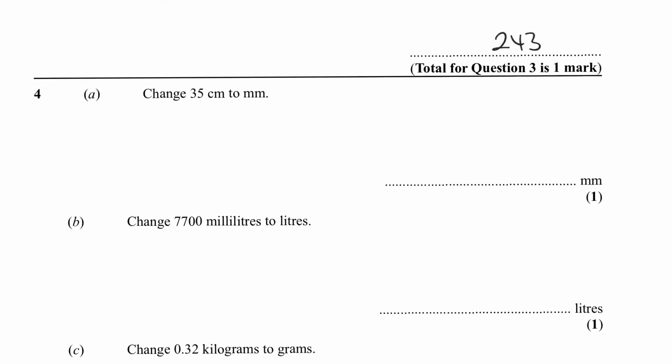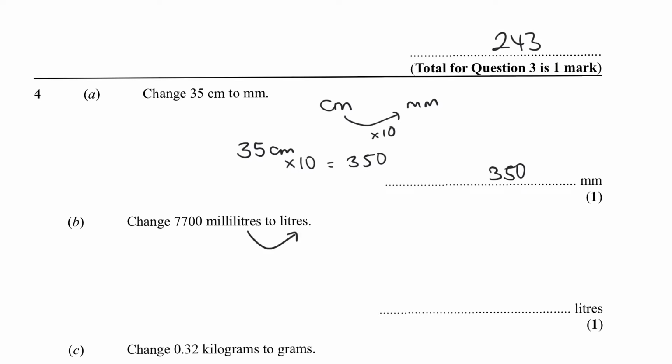Okay, and then next you've got 4a. So it says change 35 centimeters to millimeters. So to go from centimeters to millimeters, you times by 10. So if that's the case, for 35 centimeters, times 35 by 10 in your calculator, that would give you 350. And then to go from millilitres to litres, you divide by 1,000.